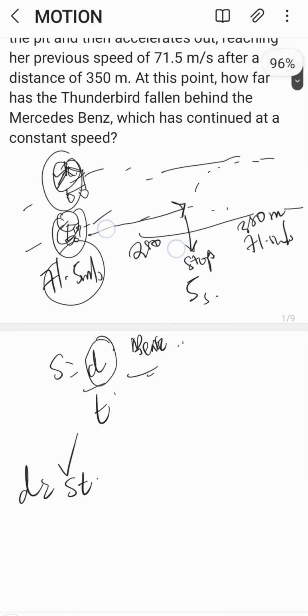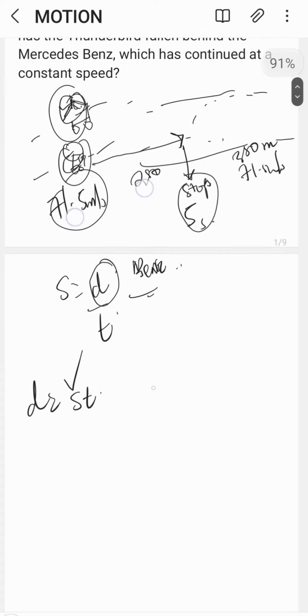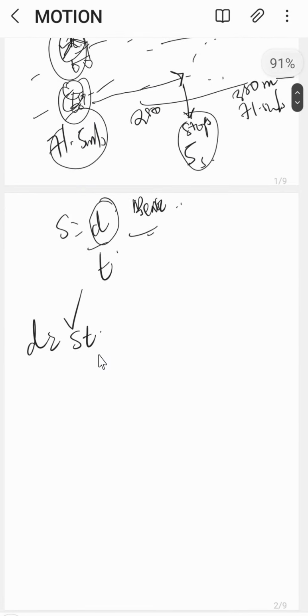The time, however: the only difference in time between the Thunderbird and the Benz was the 5 second stop that the Thunderbird made. They were already traveling at the same speed, and would have been at the same distance if not for the Thunderbird stopping for 5 seconds.